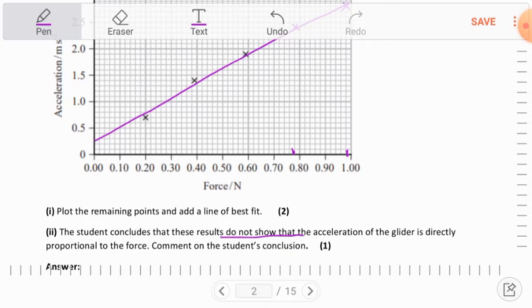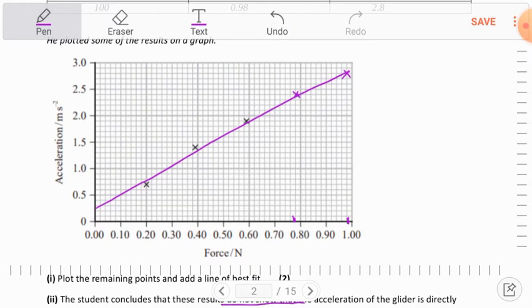So we can say that the student is correct because the line of best fit, if you see the graph, doesn't pass through the origin, and for two quantities to be directly proportional, the line has to pass through the origin, but this graph doesn't pass through the origin. So that means the acceleration of the glider and the resultant force of the glider are not directly proportional.